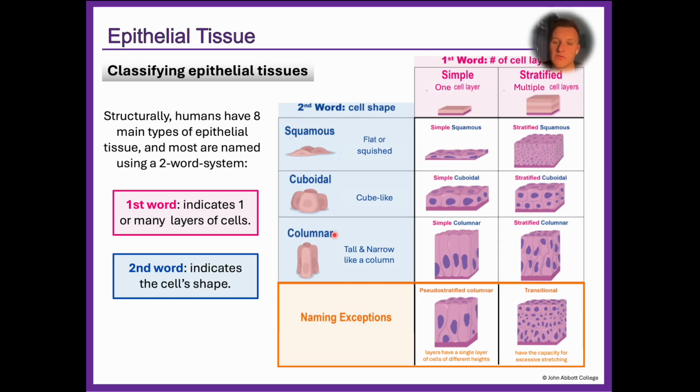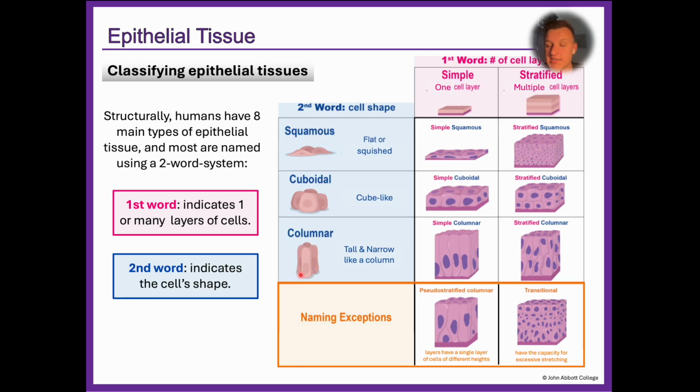Columnar is the word we use for tall and narrow epithelium. So this is like a column, right? It's like the big columns, the pillars that are holding up a building, right? These are the columns over here. Their height is taller than their width, right?